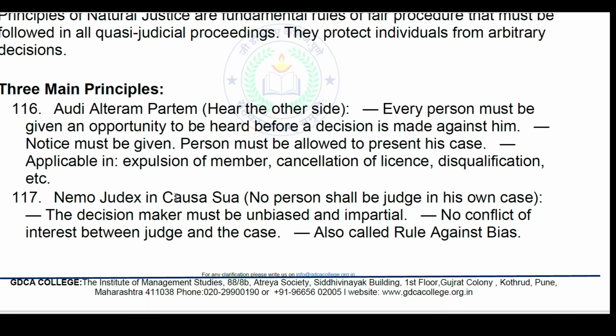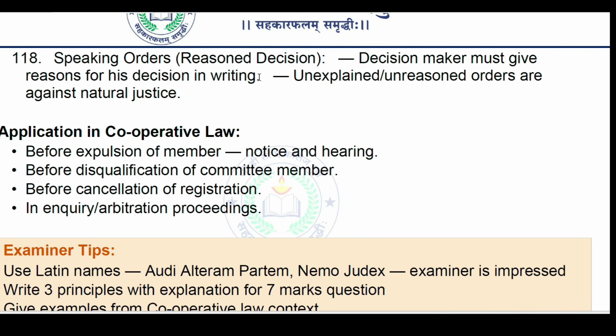Next, nemo judex in causa sua, that is, no person shall be judged in his own case. The decision maker must be unbiased and impartial, with no conflict of interest between the judge and the case. It is also called the rule against bias. Third, speaking orders, that is, reasoned decisions. The decision maker must give reasons for his decision in writing.